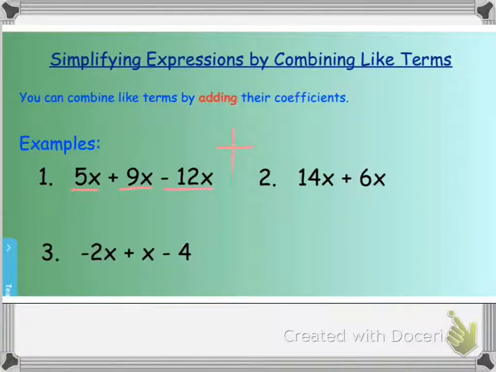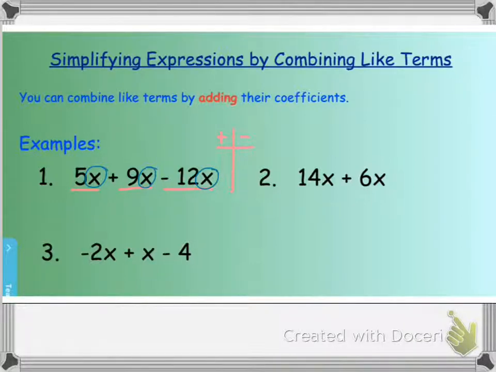For those of us that still struggle some with our negative signs, with our positive and negative integers, it's okay to football these. We know that all these terms are the same. They're all like terms because they all have an x.